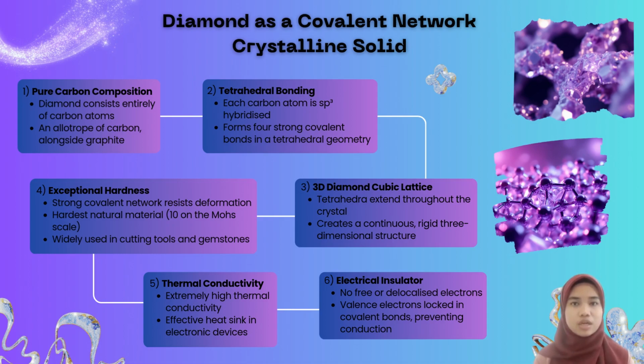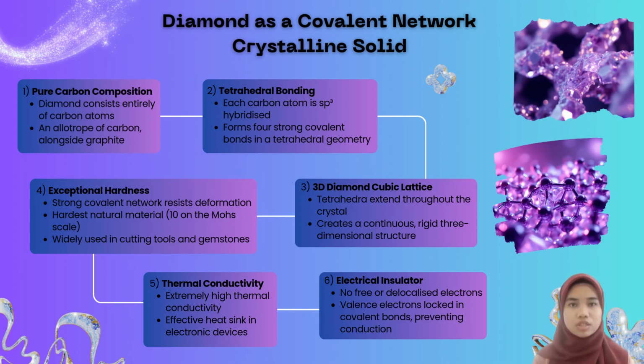Thirdly, diamond forms a three-dimensional diamond cubic lattice in which tetrahedral units are linked together to create a rigid and continuous network. As a result of this extensive covalent bonding, diamond exhibits exceptional hardness and is the hardest naturally occurring material, with a value of 10 on the Mohs scale.